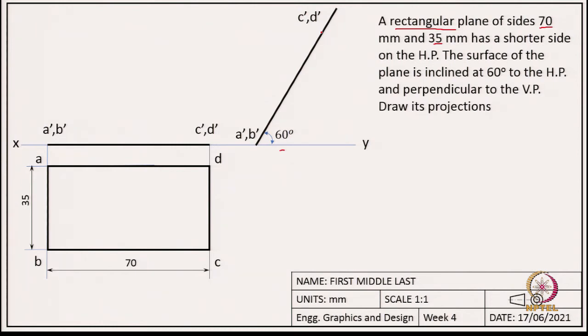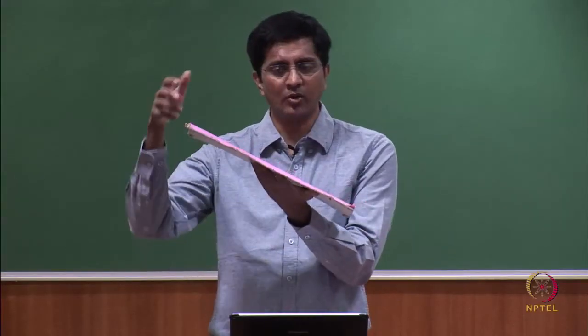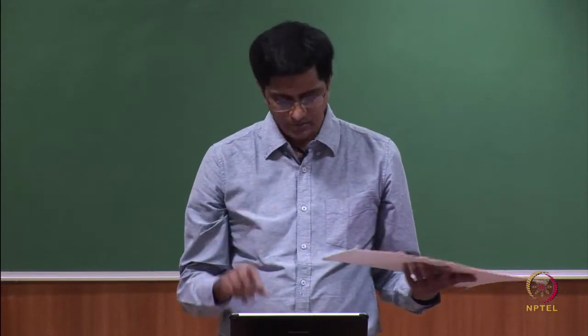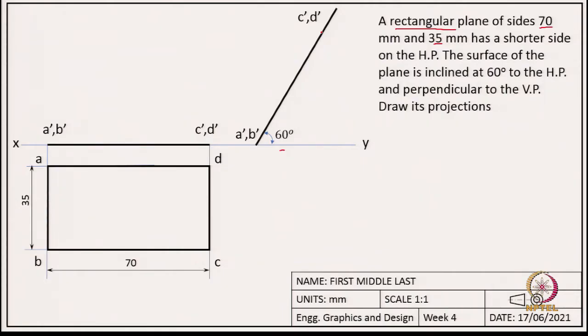Okay. And finally, what is left is to capture the top view. To capture the top view, we will use information from the previous views as well as the current view. So, first let us draw the projections from the front view, and we will also get the projections from the top view from the previous step.